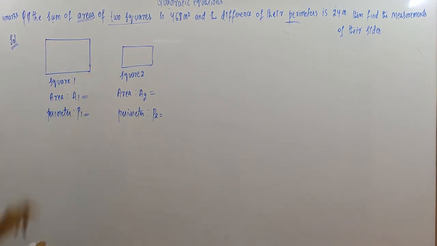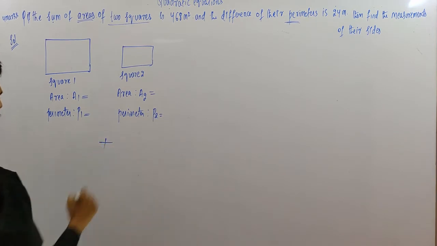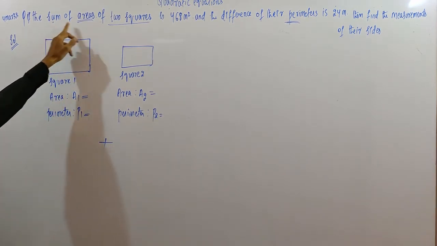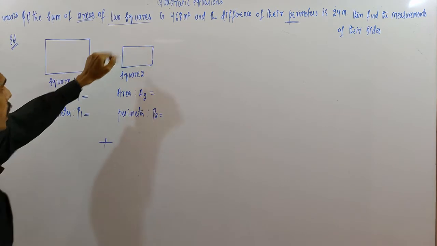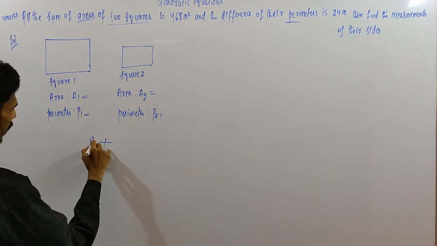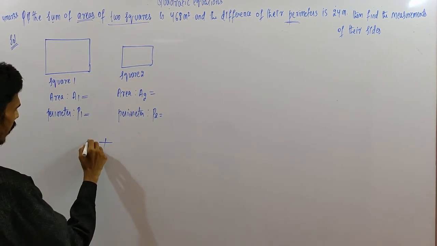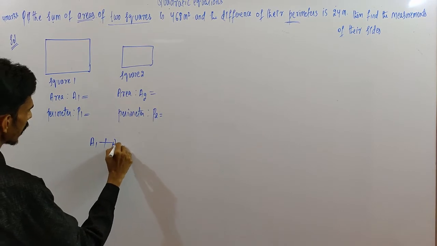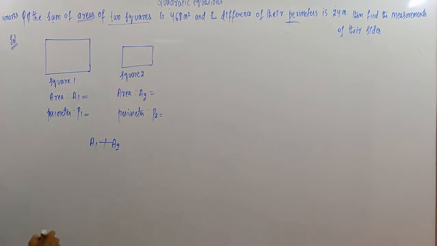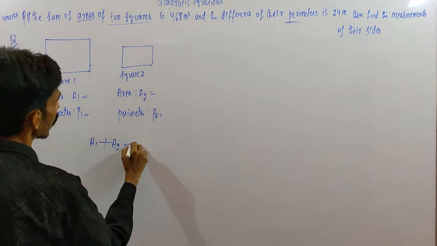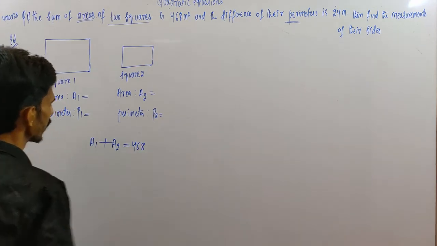Here sum is there. So sum means addition, sum of areas of two squares. So area of first square A1 plus A2 is 468.